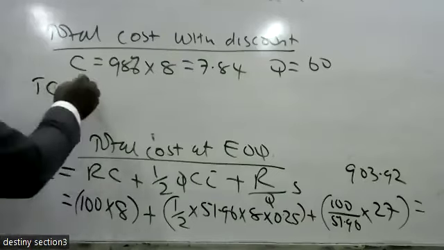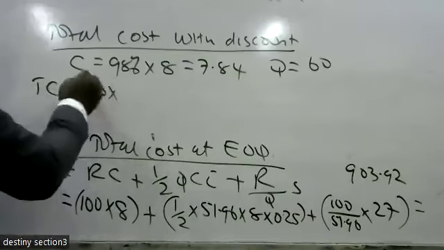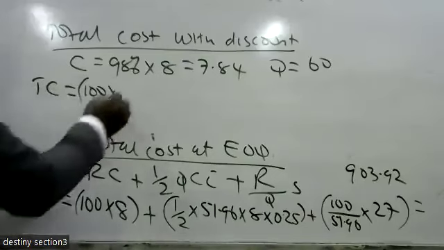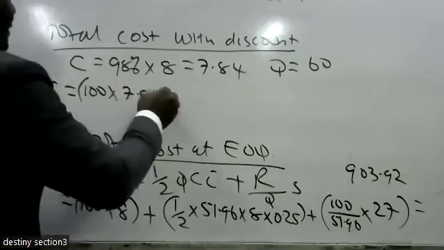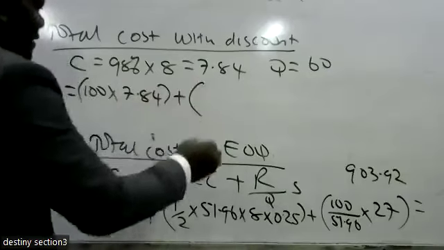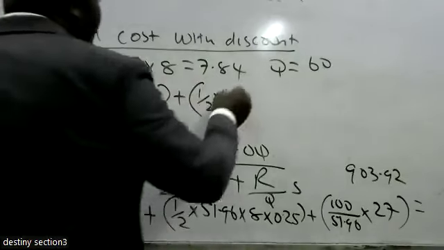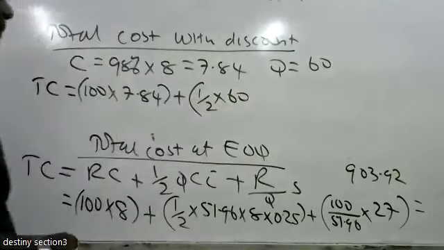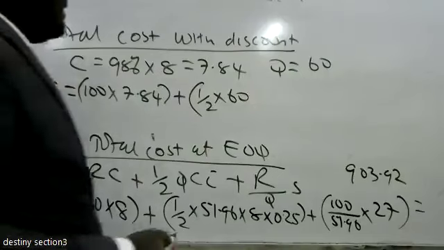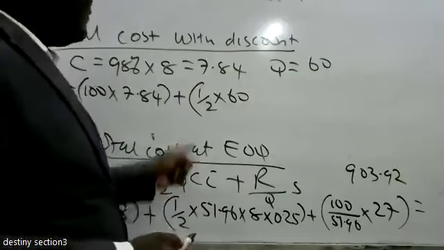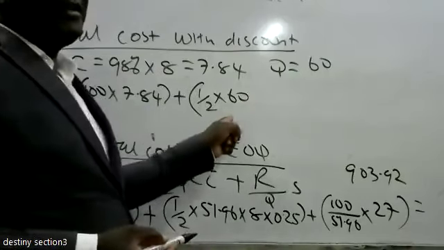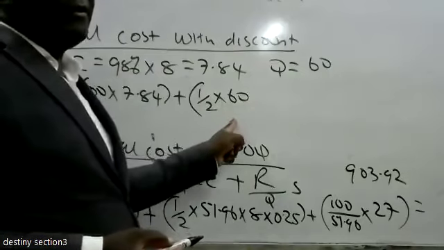So R is still 100, but I've said that the C now will be 7.84. Then we add a half Q. So Q I've changed to 60. Then CI, I said the CI of holding cost is never affected by the discount.